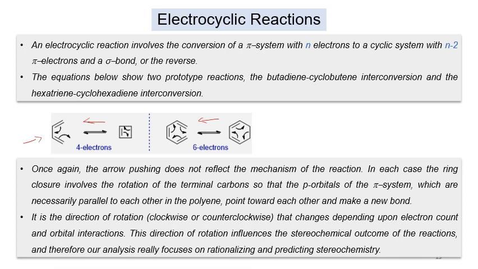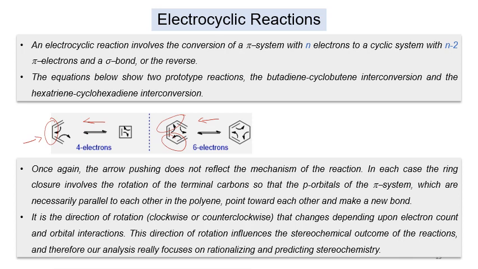Now, one important factor that we have to take into consideration is that we have drawn all these polyenes in the S-cis configuration. Okay, it's not necessary that all of these will exist in the S-cis configuration, or conformation.